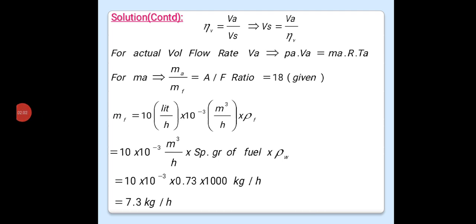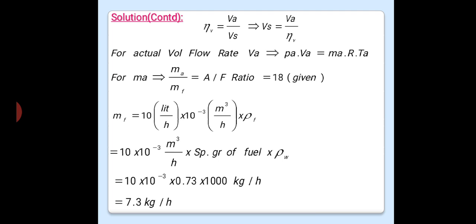We know that volumetric efficiency is equal to actual volume inhaled upon the swept volume. So swept volume is equal to actual volume inhaled upon the volumetric efficiency. In this problem, volumetric efficiency they have mentioned. So we have to initially calculate the actual volume inhaled. For calculating actual volume inhaled, we have the relation PV equal to mRT.